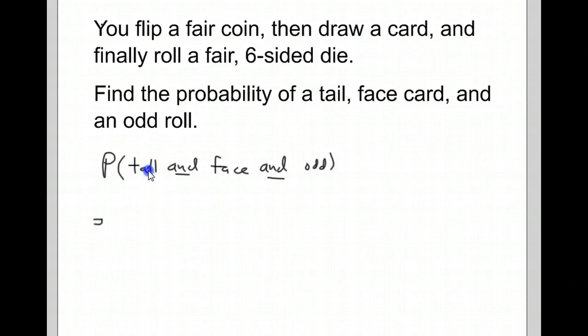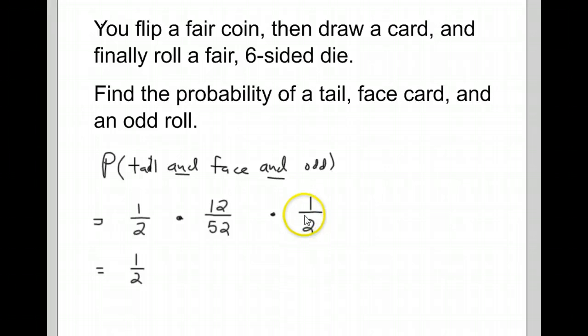The probability I get a tail is equal to a half, and for a face card, there are 12 face cards divided by the 52 cards in the deck, and then times an odd roll, which is a 50-50 shot, so a half. You could have written this as 3 out of 6 initially and then reduced it. I'm going to reduce all of these. 12 out of 52 reduces to 3 out of 13, times a half.